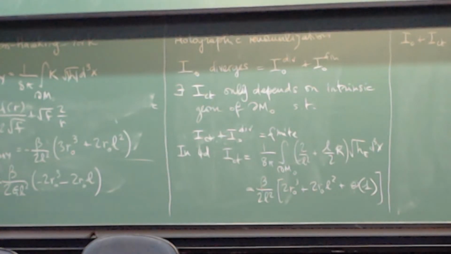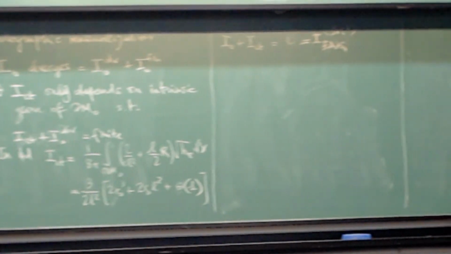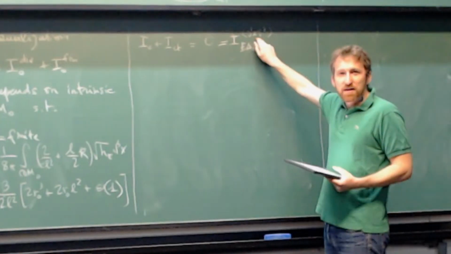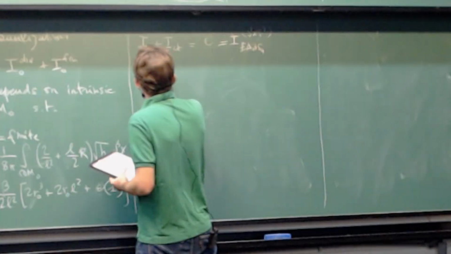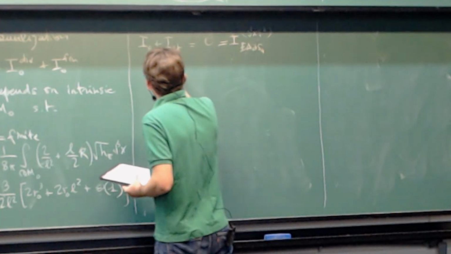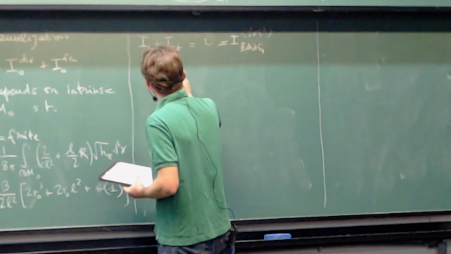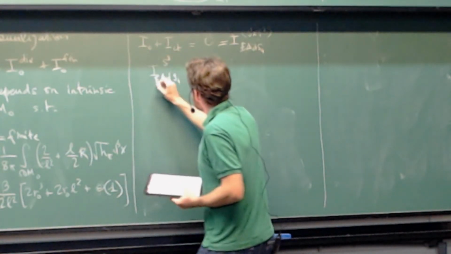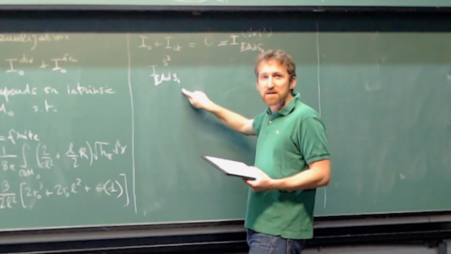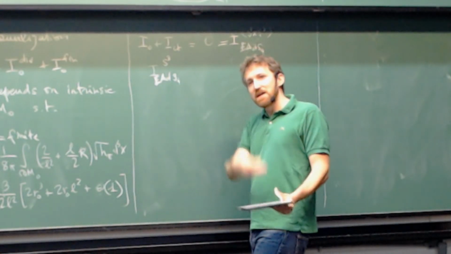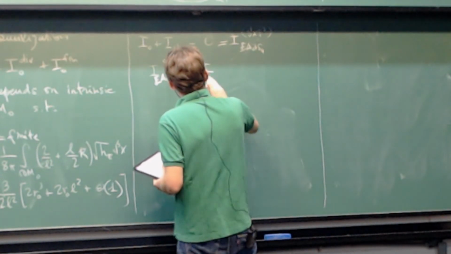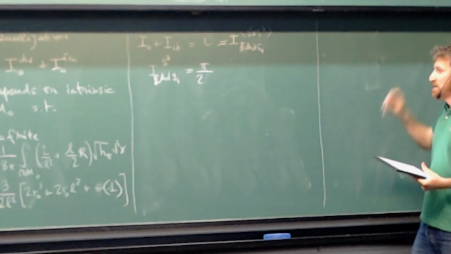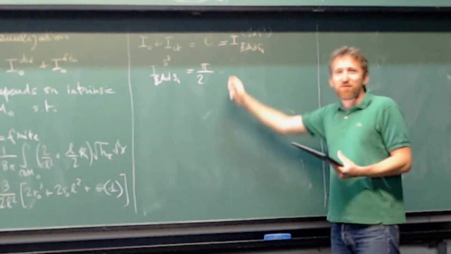There are other ways to foliate, to consider surfaces of constant R that give you different boundaries. This will be important for the talk later. The action of Euclidean AdS4, where you foliate it by S3s, is pi divided by 2. I have set G to 1. It's a fun computation that you can do.